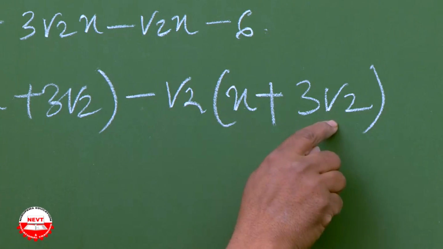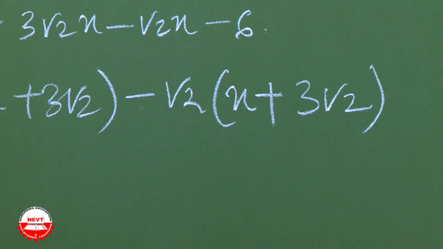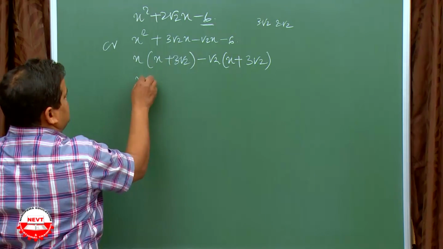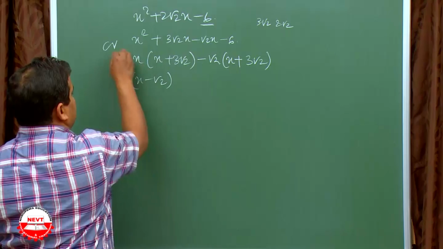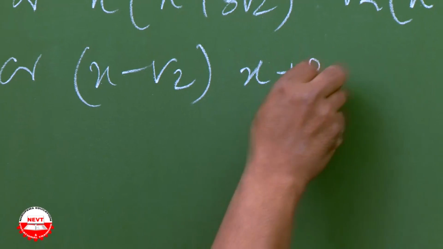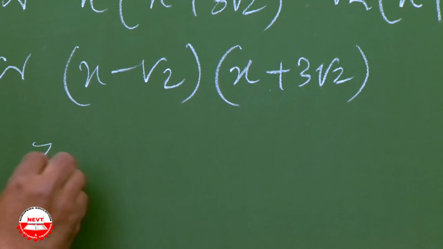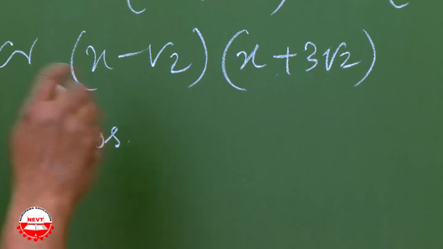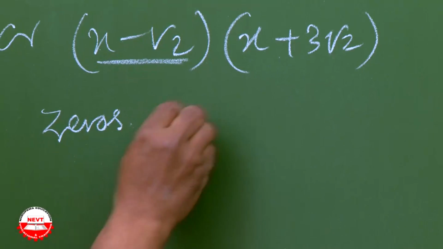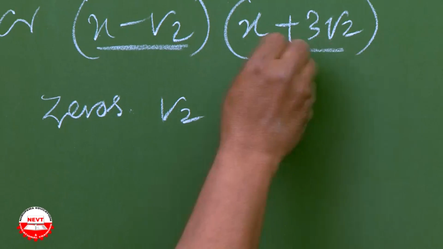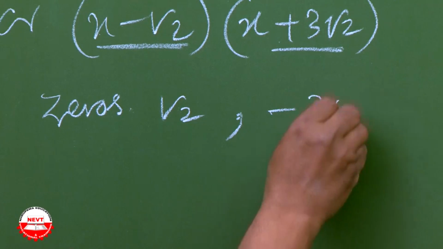Just observe, root 2 into 3 root 2 is 6. So now it is x minus root 2 whole into x plus 3 root 2. Now what are the zeros? One zero is root 2, another zero is minus 3 root 2.